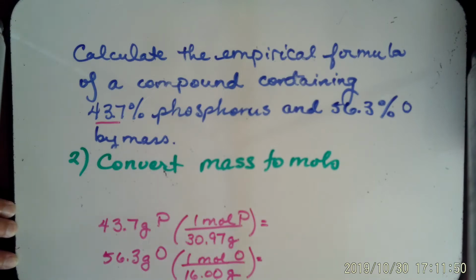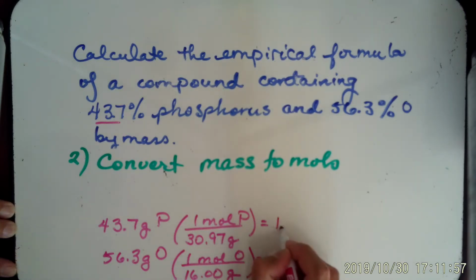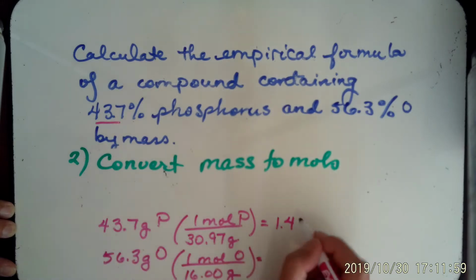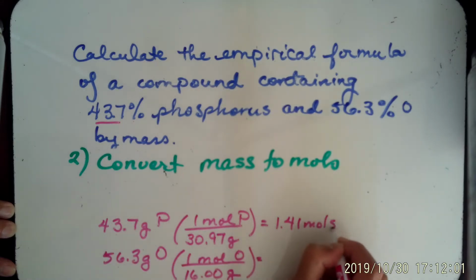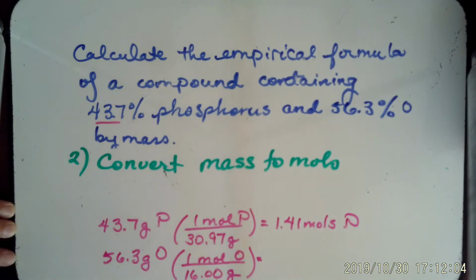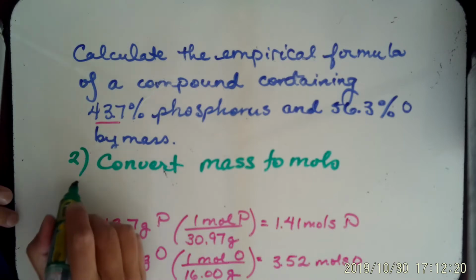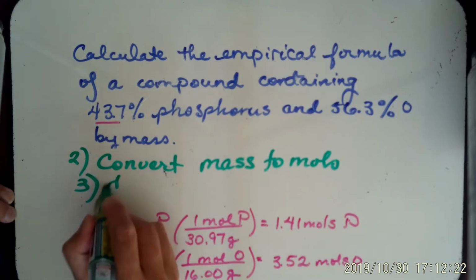So 43.7 divided by 30.97, we'll get 1.41 moles of phosphorus, and for the oxygen we get 3.52 moles of oxygen. So for step 3, once we convert it, we're going to divide by the smallest value.